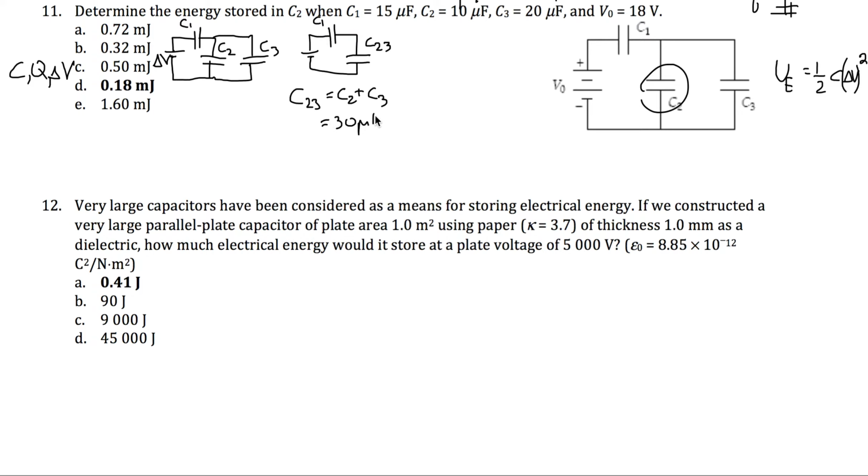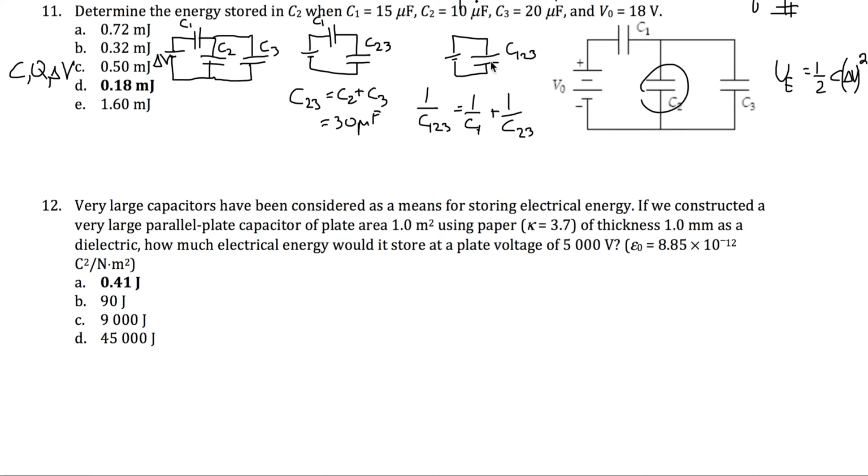I like to keep the numbers underneath here so I have enough room to draw my circuit again. Now I'm going to simplify those two, which are in series, to their equivalent capacitor, C equivalent, or C123. When they're in series, you have to use the 1 over equation. 1 over C123 equals 1 over C1 plus 1 over C23.